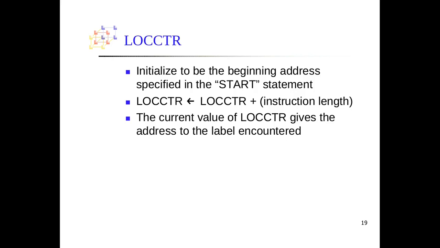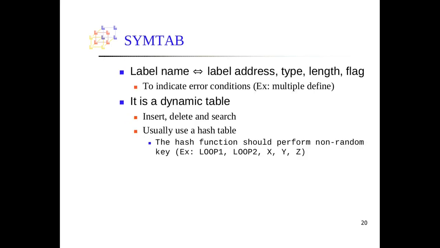The location counter will be initialized to the beginning address specified within the START statement. Normally, the new value of the location counter will be the current value plus the instruction length. The current value of the location counter gives the address of the label encountered.